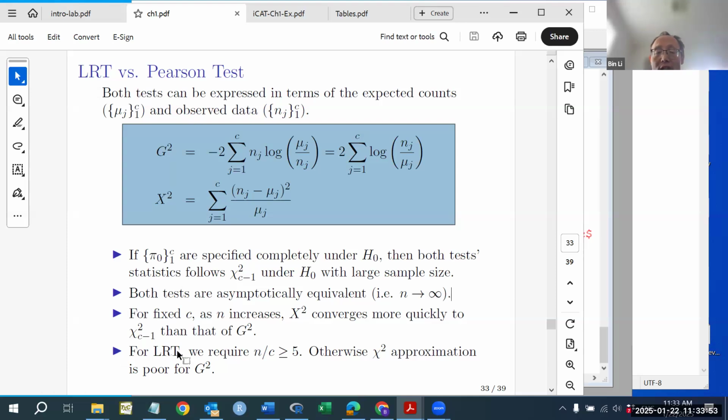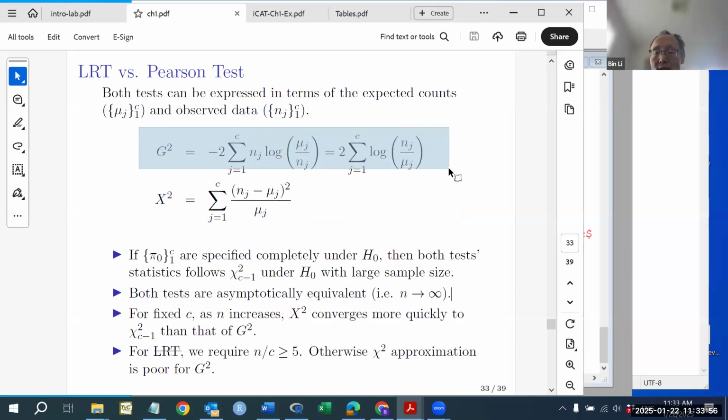For the likelihood ratio test, the chi-square approximation is actually relatively poor compared to Pearson's chi-square.